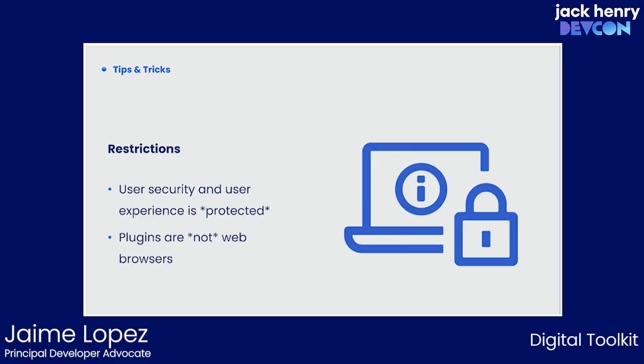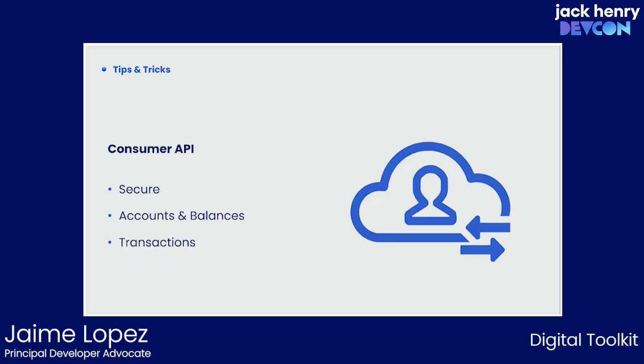And also, on the not supported side, although this is all based on web technology, plugins are not to be confused with modern web browsers. So a plugin card is not the same as having access to the full Google Chrome, the full Mozilla Firefox, or the full Opera, et cetera. And I mentioned our consumer API.